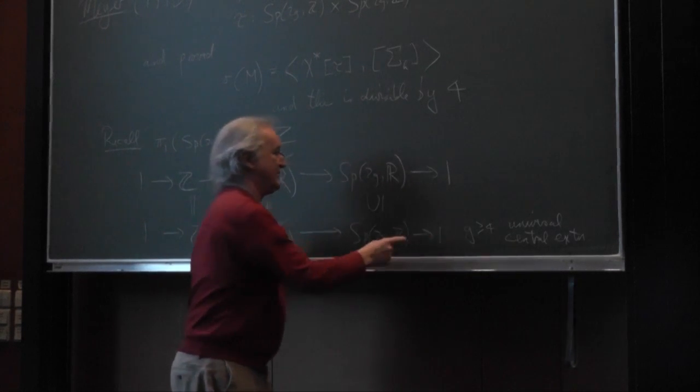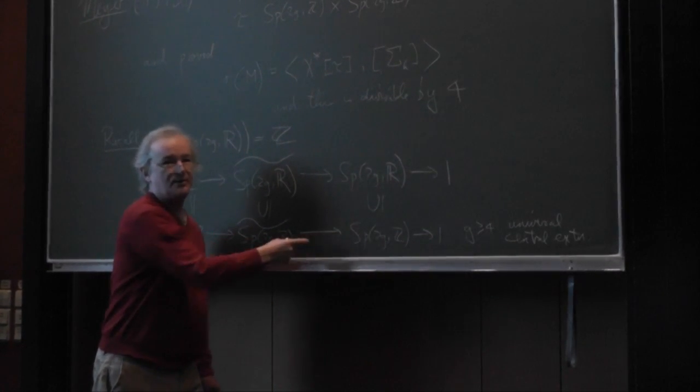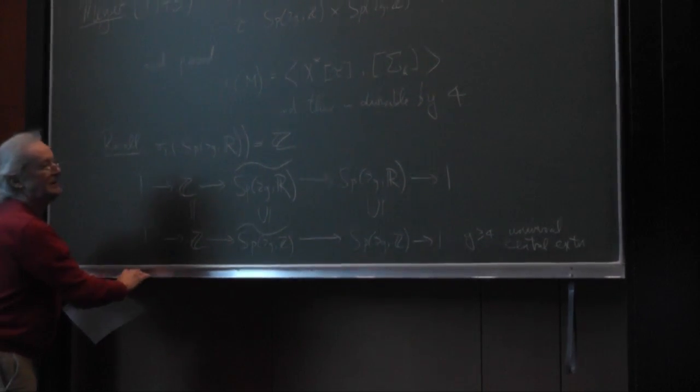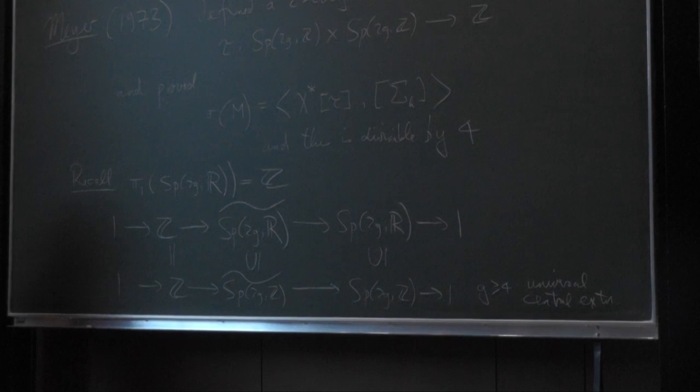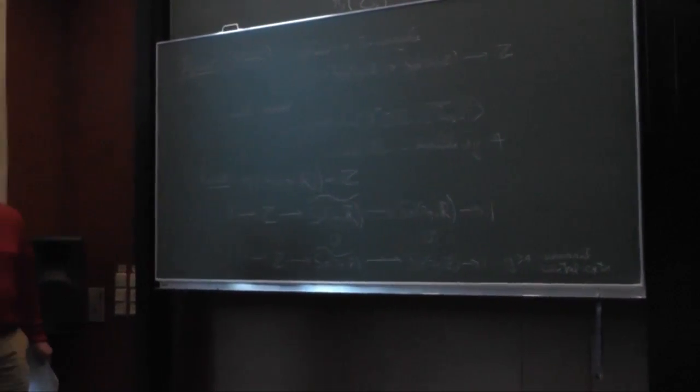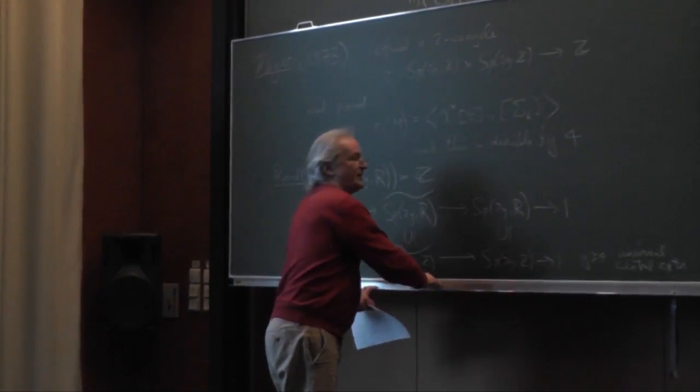For G equals 3, there's an extra Z mod 2 in the universal central extension, so we don't want to talk about that Z mod 2. It comes from the finite symplectic group Sp6 of Z mod 2. There's an exceptional double cover there.